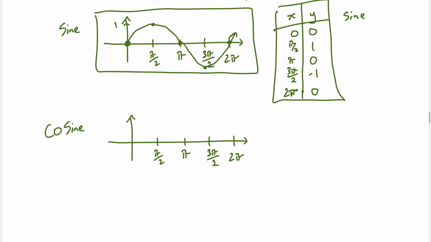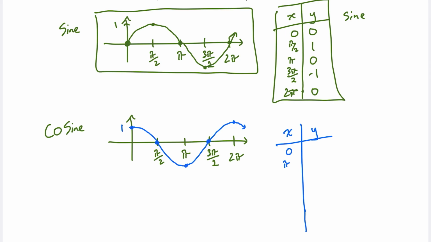Cosine, it's a lot like sine except for cosine starts at its max. So it starts up here, goes to 0, then it goes down to -1, then 0, and then back up to 1. So it goes like this. Remember, it's the exact same shape, exact same period. The only difference is its starting value. So here, you can also think about, well, what are the points?